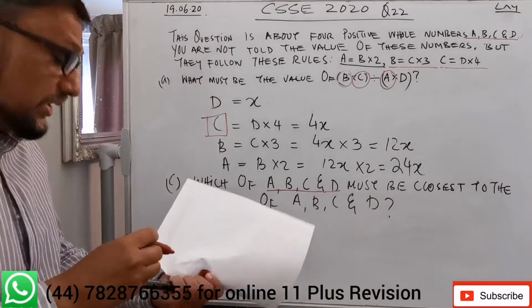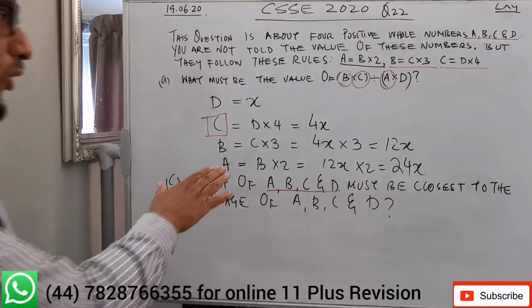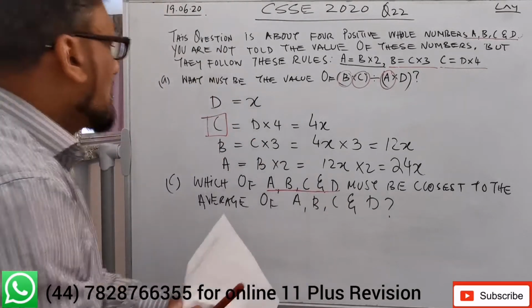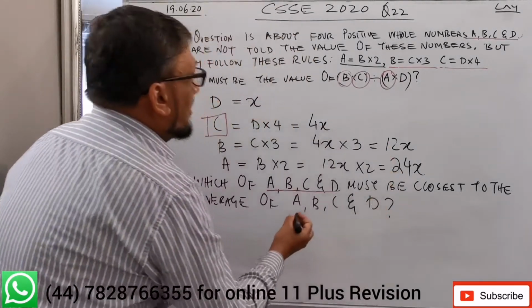First we need to find the average of these four numbers.